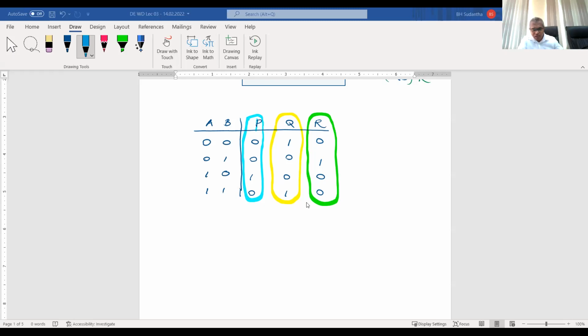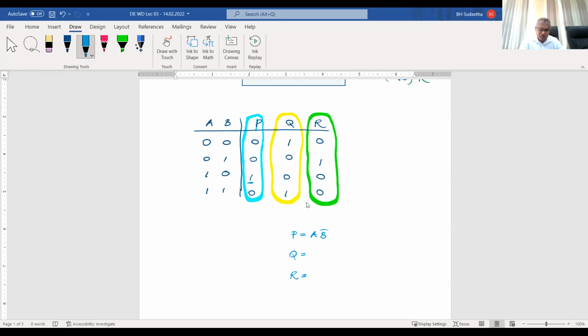But what are we writing equations for? We are writing equations for P, Q and R. To write equations for these P, Q, R, what are we considering? These ones. For example, you can write the output equation considering this one, then this is A, B bar.